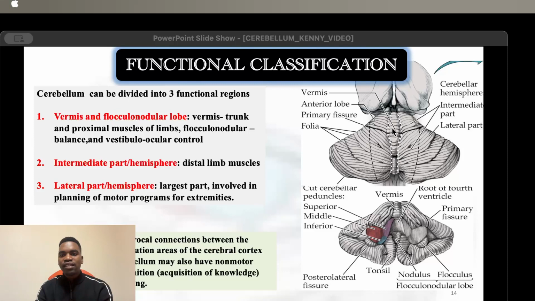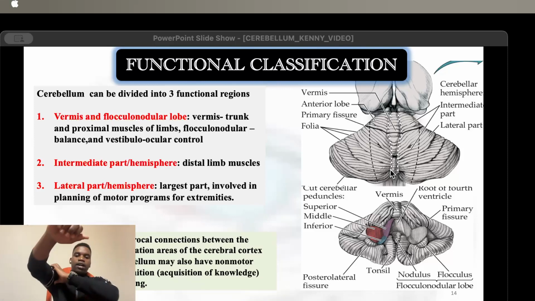I hope it is clear that the vermis controls the muscles of the trunk and the proximal muscles of the limbs, and by limbs I mean both upper limbs and lower limbs, but only the proximal muscles are coordinated by the vermis of the cerebellum.